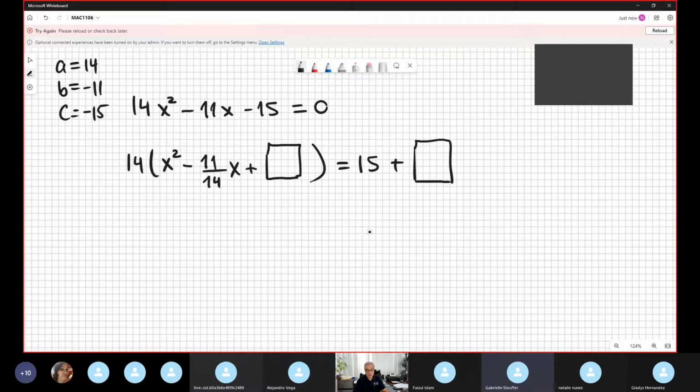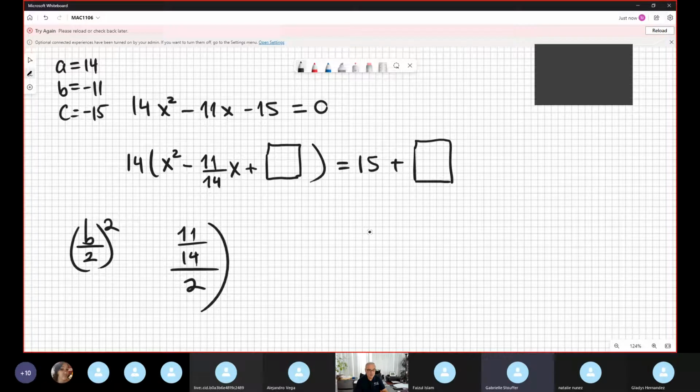This box is not necessarily the same number as this one. When the coefficient is 1, yes, it's exactly the same, but when it's not 1, no. And remember the magic formula, b over 2 squared. In our specific example, b is 11 over 14, divided by 2, squared.